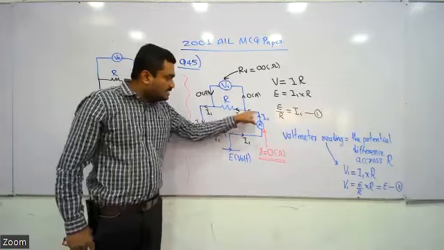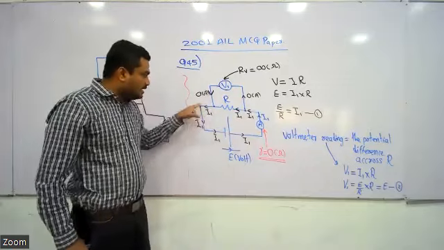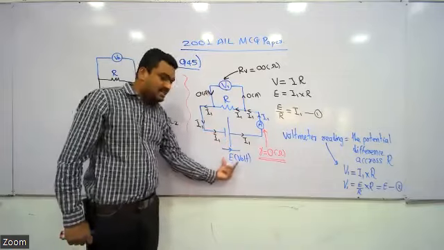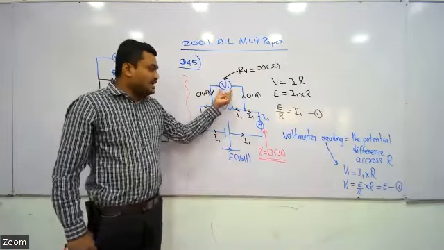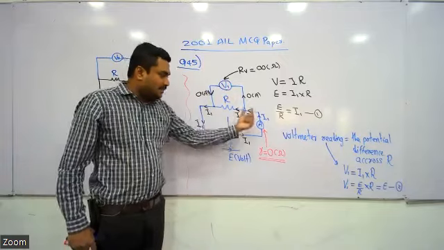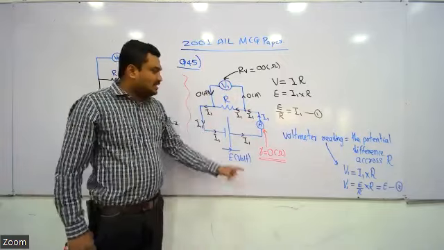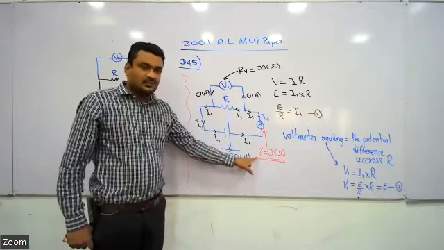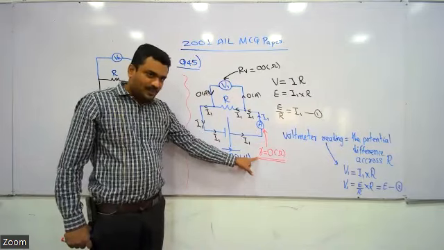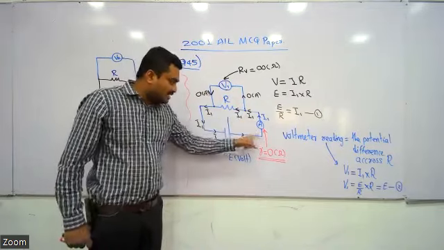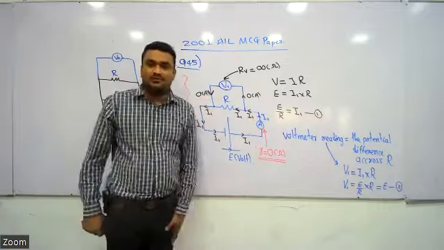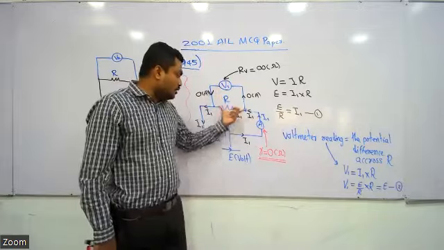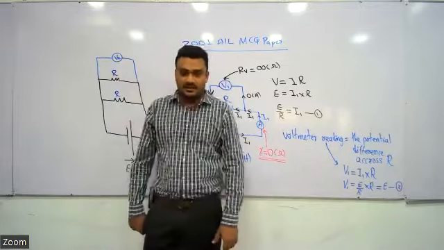As the voltmeter is directly connected to the battery, the voltmeter reading is the EMF of the battery. Got it? Voltmeter is ideal, ammeter is ideal. Therefore, the internal resistance of the ammeter is 0.